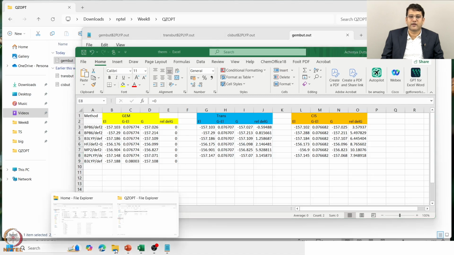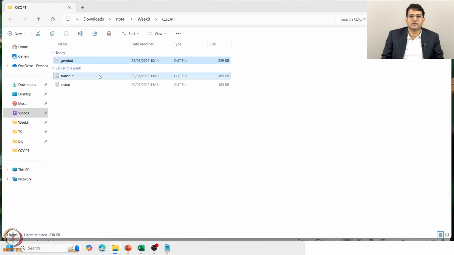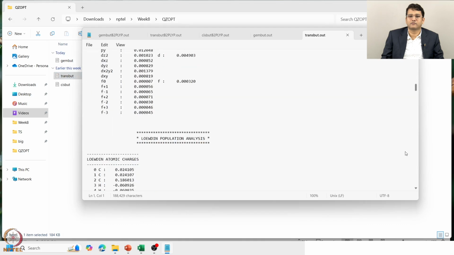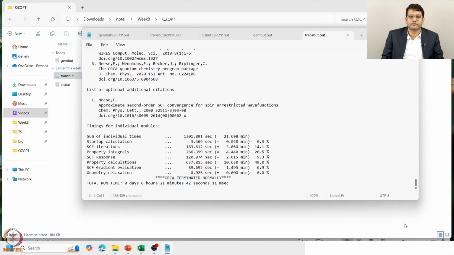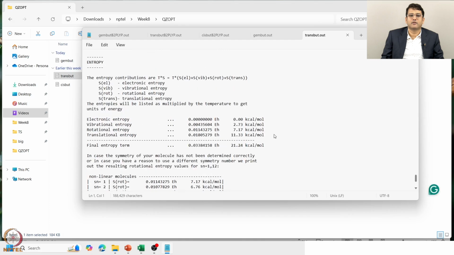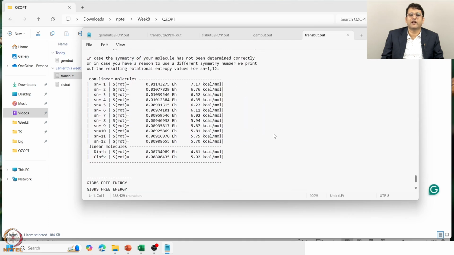Now, let us do the same thing for the trans. Here you will also see a similar trend.